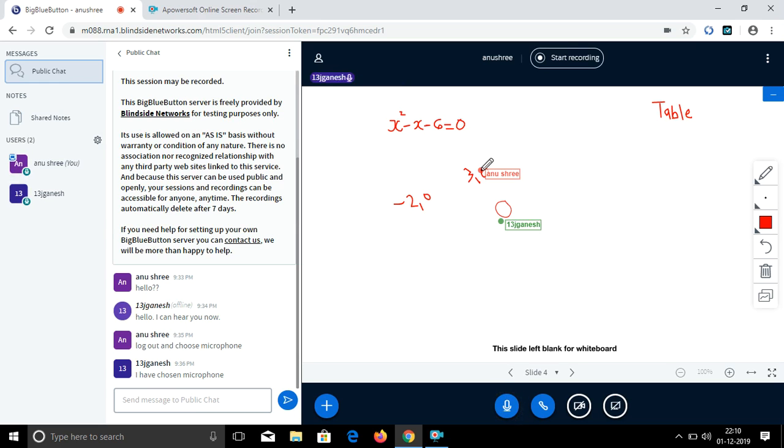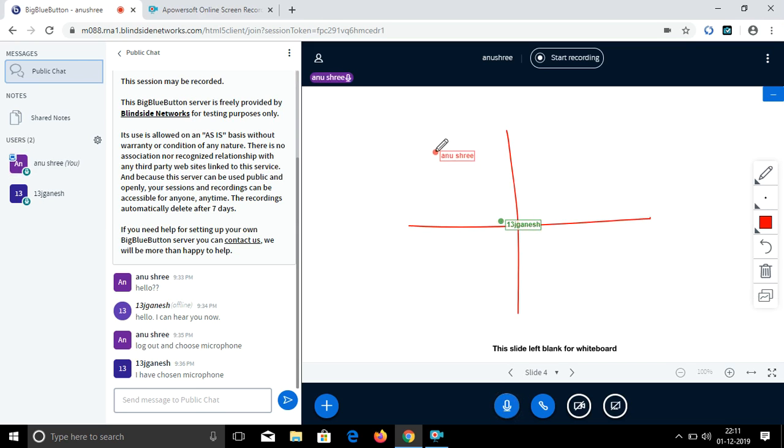I don't know. So when you have plotted this curve, it's definitely like this, getting its -2 and its 3. So the turning point, the minimum point that you can see here.